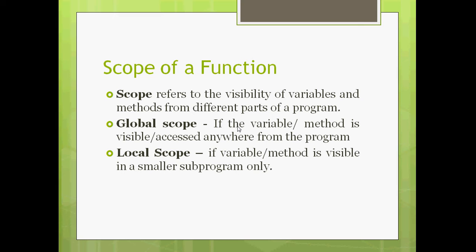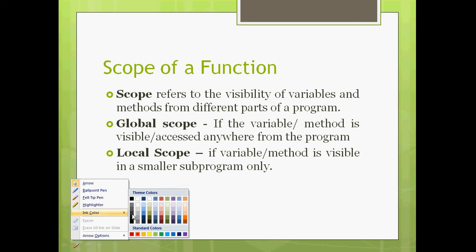So scope of a variable or a function refers to the visibility of the variables or functions or methods from different parts of the program. There are two different scopes. One is global scope and the second one is local scope.